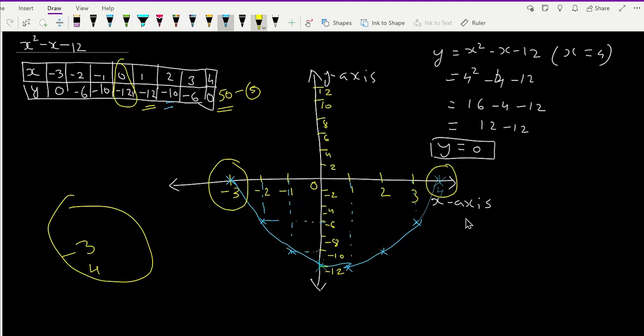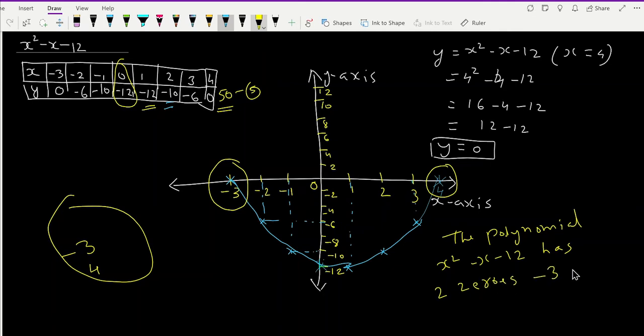So here you have to write: the polynomial x square minus x minus 12 has 2 zeros. So the zeros are minus 3 and 4. So this is our answer.